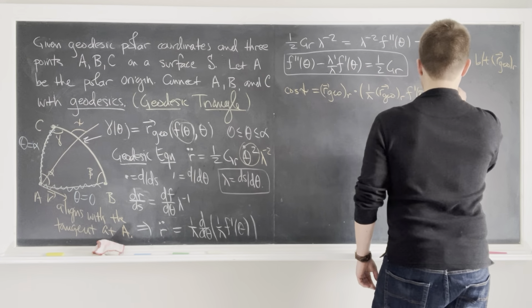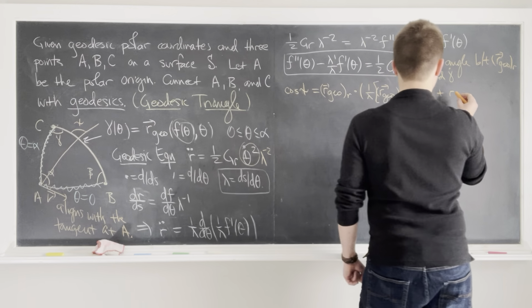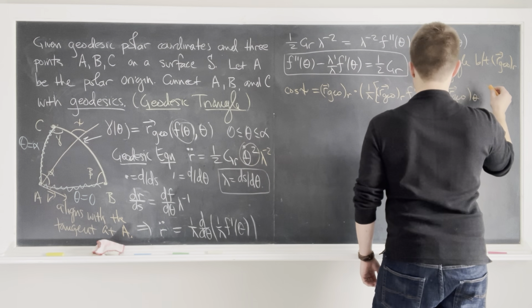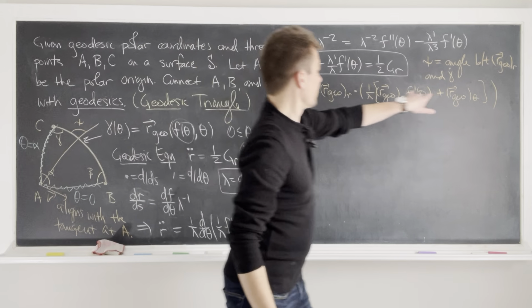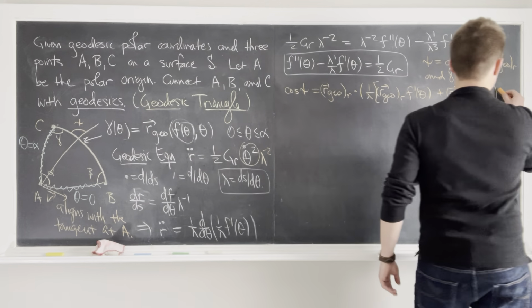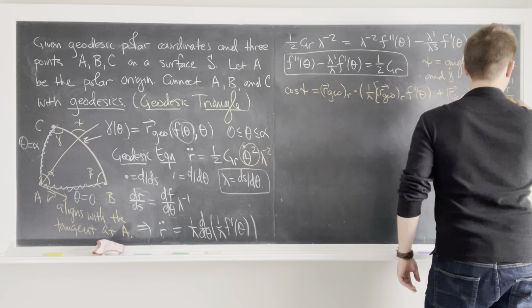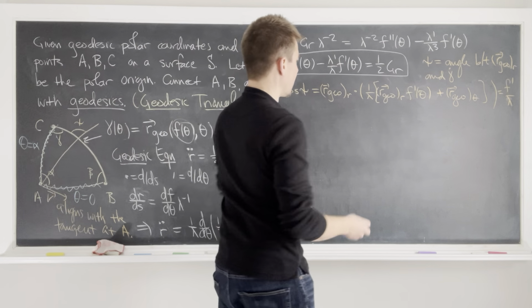And then plus r geo theta. Like that. Beautiful. Of course, these things are perpendicular to each other, so I just get f prime over lambda, right? So this is just going to be f prime over lambda.